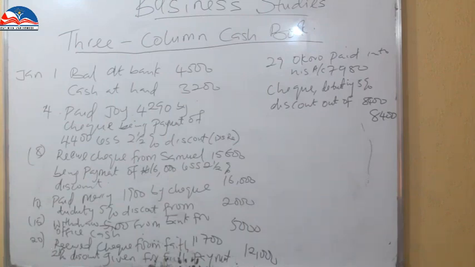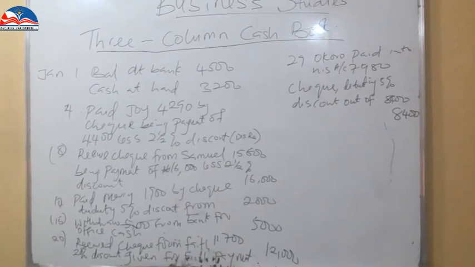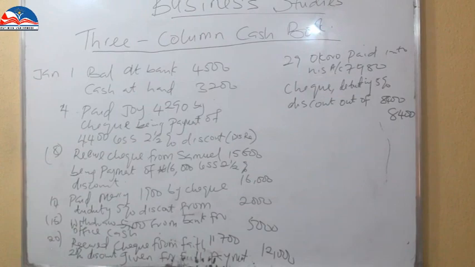On the 1st of January, the balance at bank is 4,500. I told you whatever you close your account with for the previous month is what you carry forward for the following month. Now that is cash at bank. The balance of cash at bank is 4,500. The balance of cash at hand is 3,200.